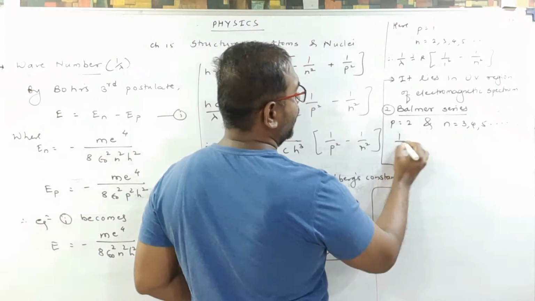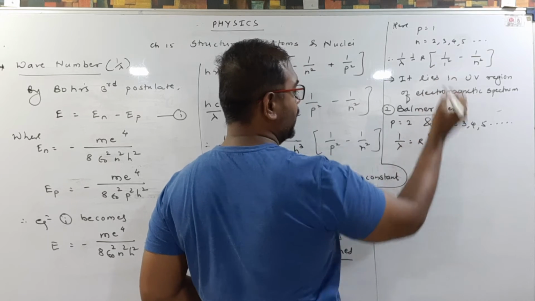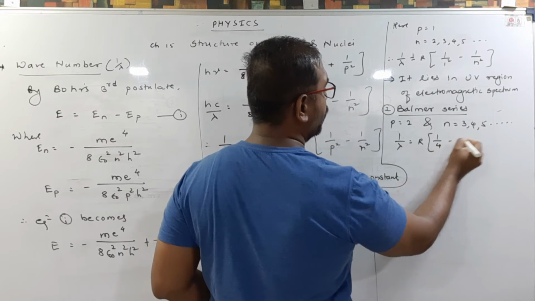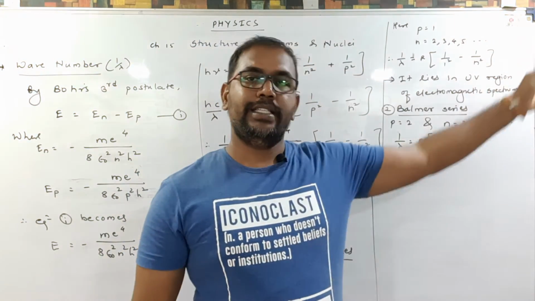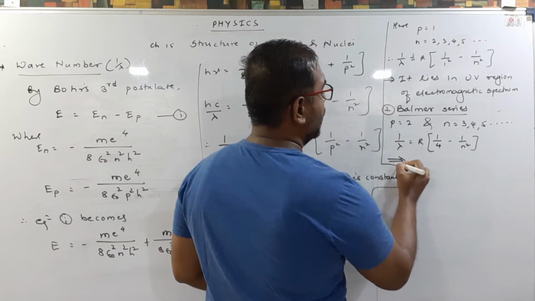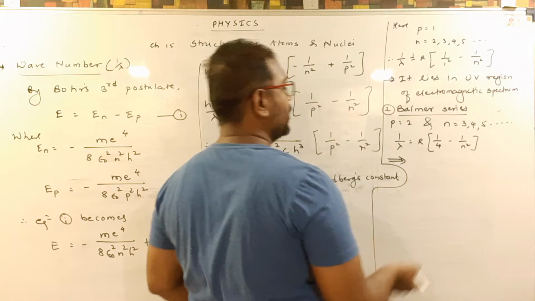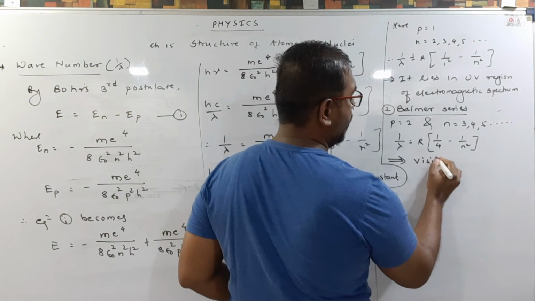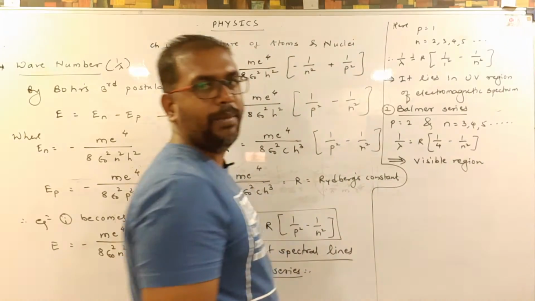Then we can write 1 by lambda is equal to R times 1 by P square, where P is 2. So 1 by 4 minus 1 by N square, where N may be 3, 4, 5, 6 and so on. If we substitute these values, we get the wavelength of visible light. So we can say that this Balmer series lies in the visible region of the electromagnetic spectrum.